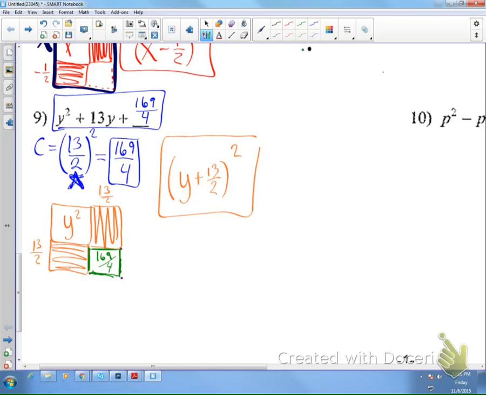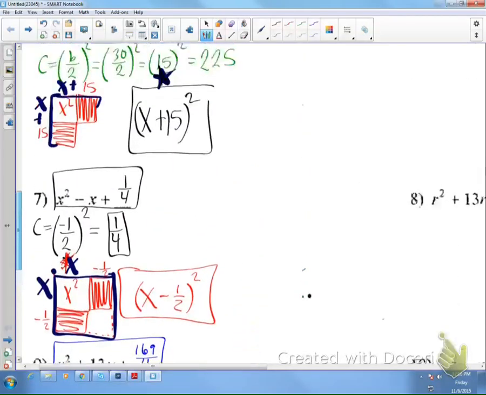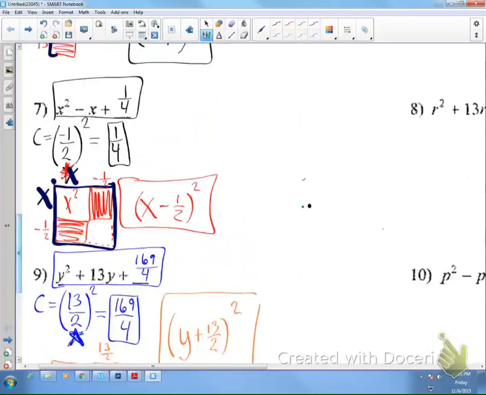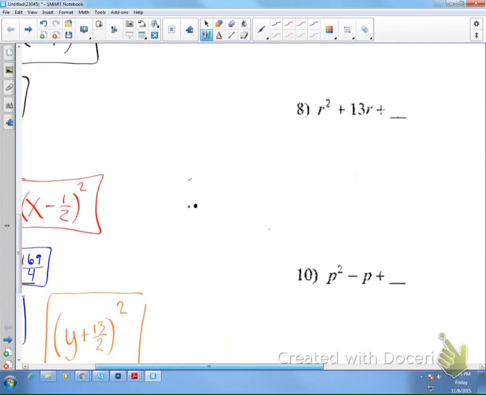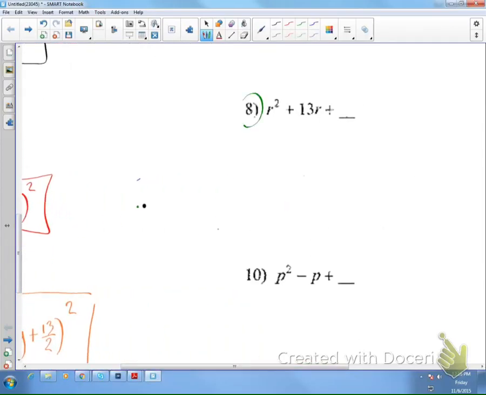Right. Okay, I want you and your neighbors, it looks like we almost did all the ones on the left. Why don't you and your neighbors go do number 8 together? I asked you to find C and find the perfect square binomial. Oh, it's the same problem.